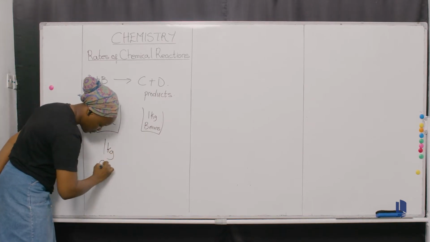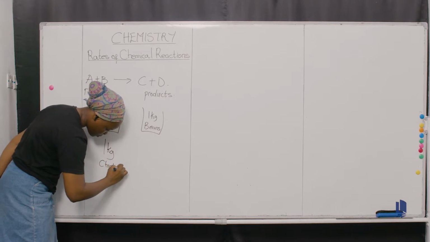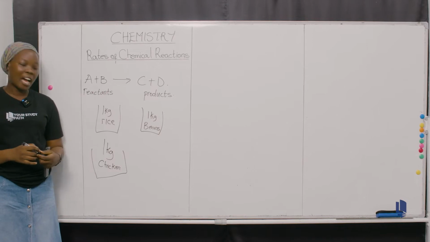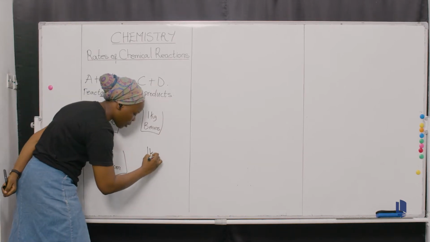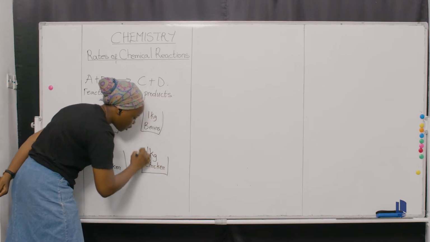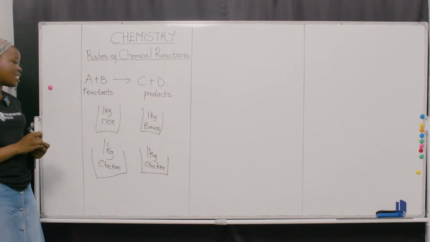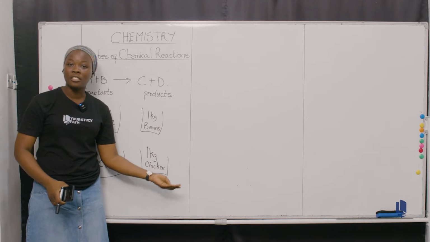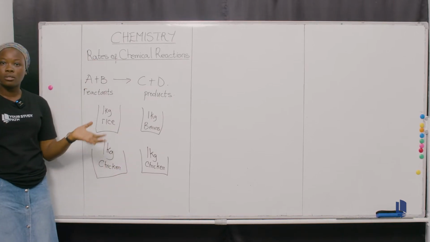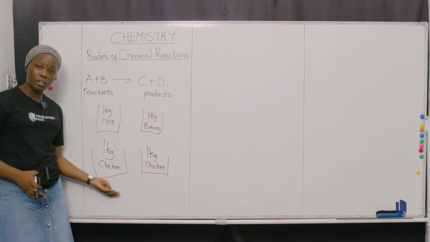Also, take 1 kg of, let's say, chicken, and you decide to put it in the refrigerator, and another 1 kg of chicken you buy from the market, and then just drop it in your kitchen. You will notice that this one will get spoiled before the next day, whereas the other will take as long as months without anything happening to it.